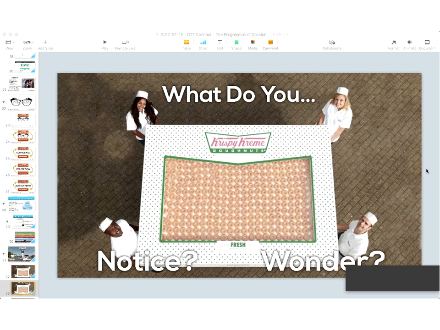All right, Renee has given us our first wonder, how big the box is. Emily's saying, how many people would it take to eat all of those donuts? You know what, if it's me and I'm really hungry, it might not take too many. It might just be one of me. What the dimensions of the box are by Marie. We've got quite a few coming in through the chat window as well.